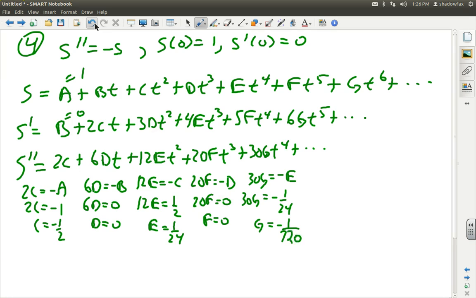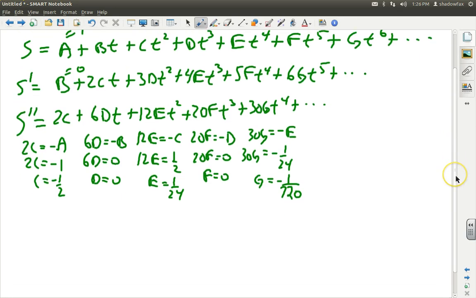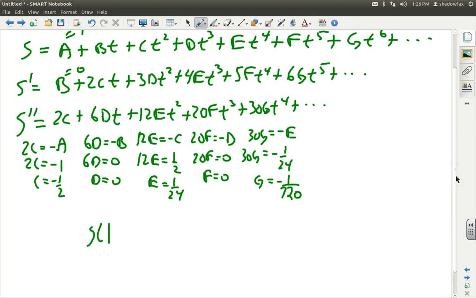So let's fill in the coefficients in S, and you get S as a function of t.